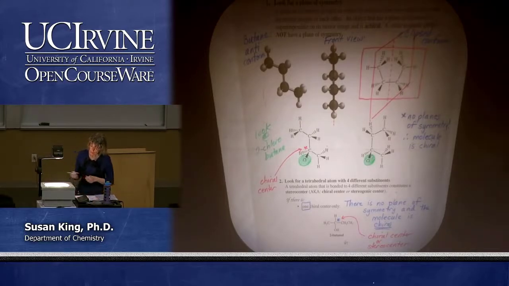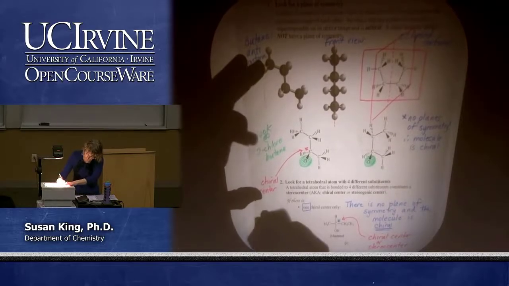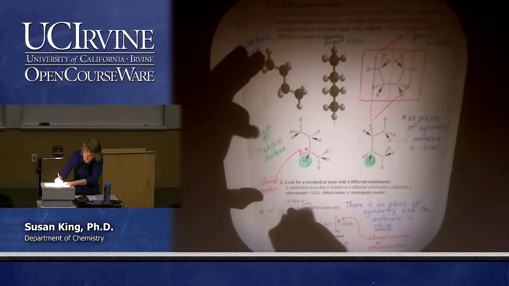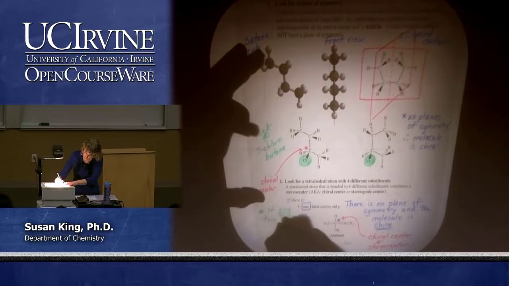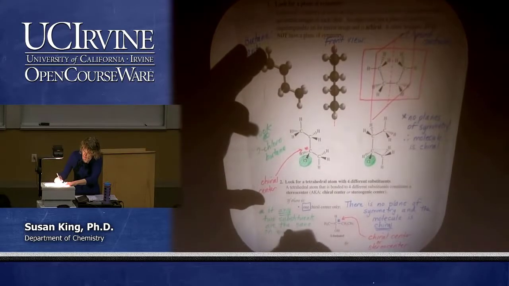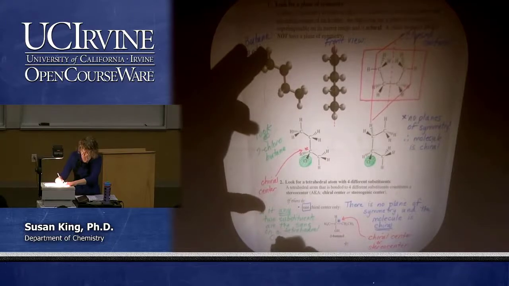If, however, we have a compound where any 2 substituents are the same, so if we have any 2 substituents the same on a tetrahedral carbon, it doesn't matter what they are, if any 2 substituents are the same on a tetrahedral carbon, that carbon is achiral.